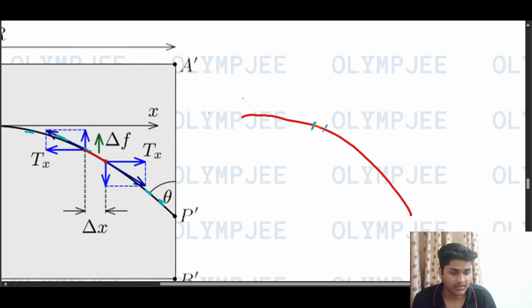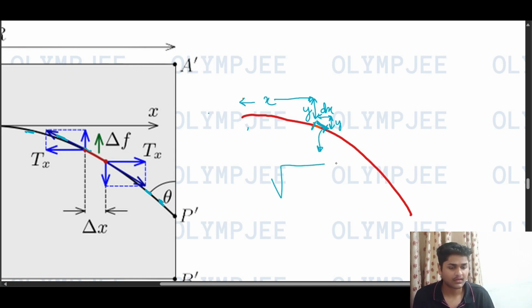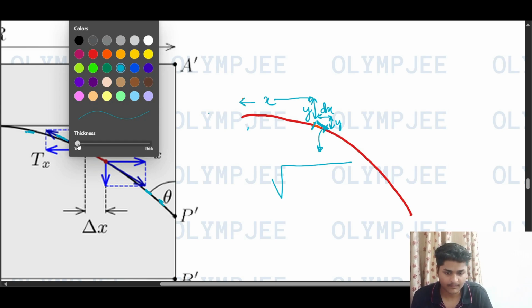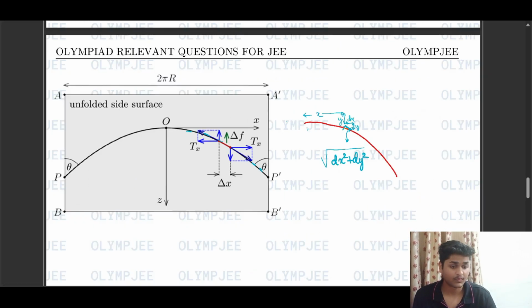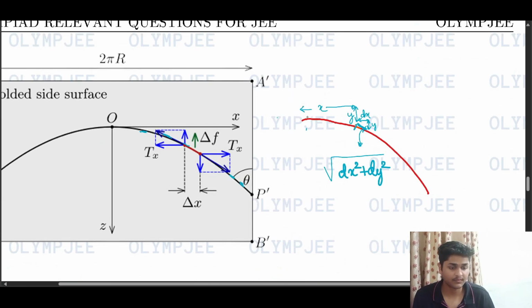So let us take this at distance x from the origin, and this is at y above the x-axis, since this is in the positive direction. So this length will be dx, and this length will be dy. So this length can be given as dx square plus dy square, right? Using Pythagoras theorem.